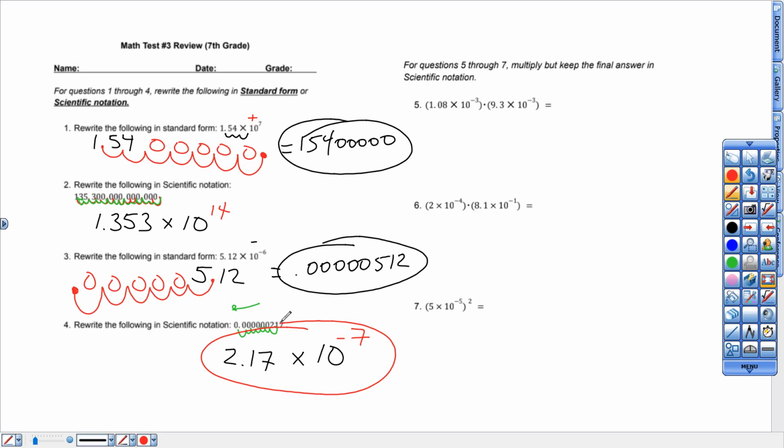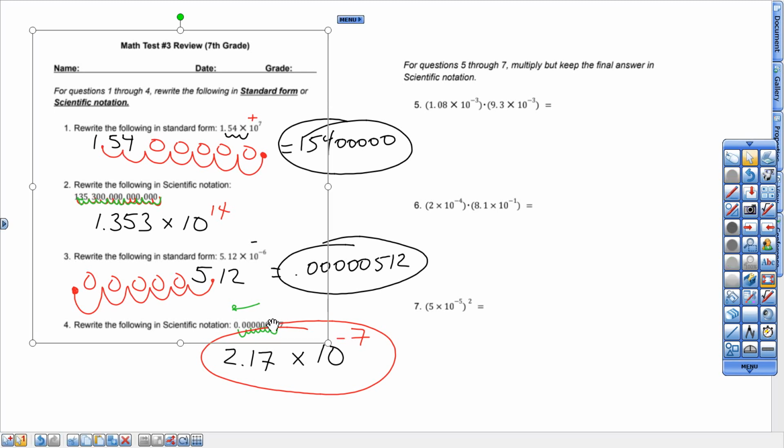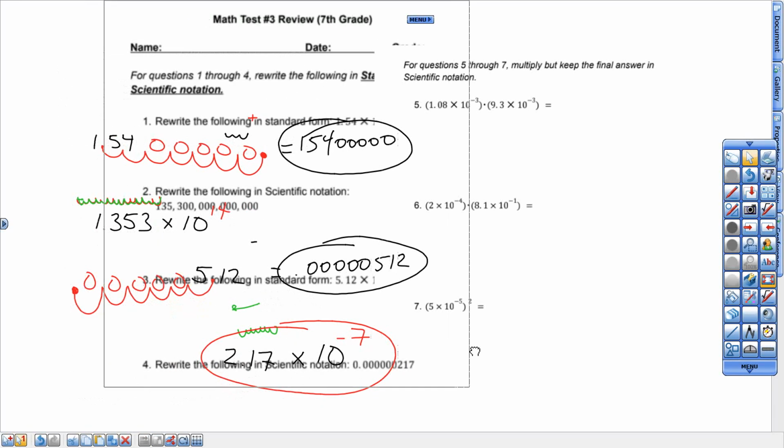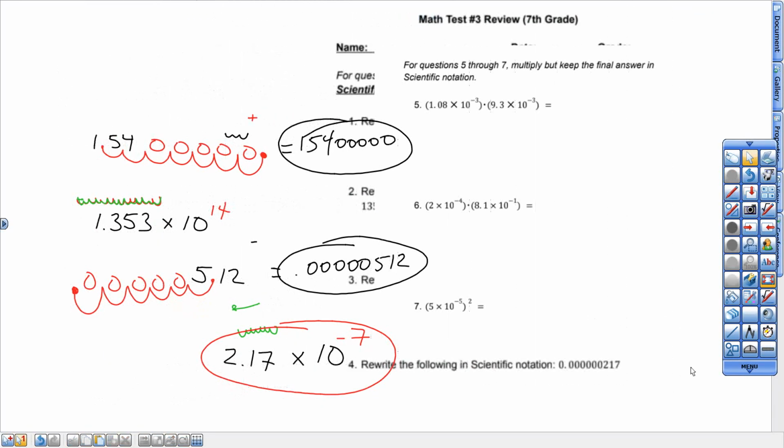What? How am I getting 8? I don't know. Let me get my glasses. 2, 3, 4, 5, 7. I'm getting 8. What the heck? Let's make this bigger. So it looks like I have 1 right here, right?